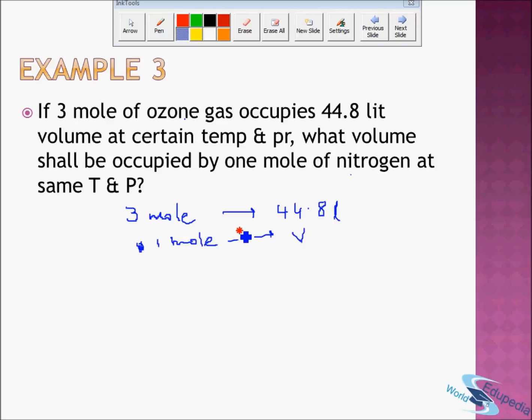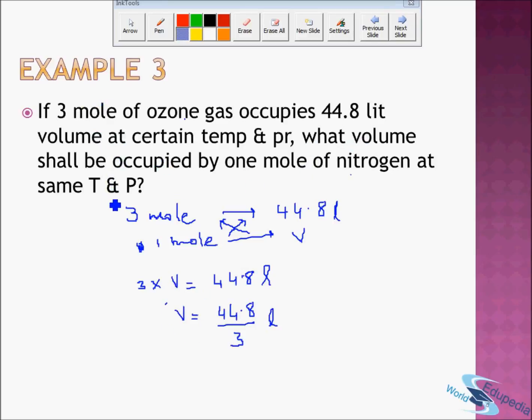So what do I do? I simply use the unitary method, go to basics. Whenever in doubt, go to basics. Forget about formula, go to the most basic thing that you know, the unitary method. So 3 into V is equal to 44.8 liter. So V is equal to 44.8 divided by 3 liter. So that is the volume occupied by 1 mole of any gas at that temperature and pressure.